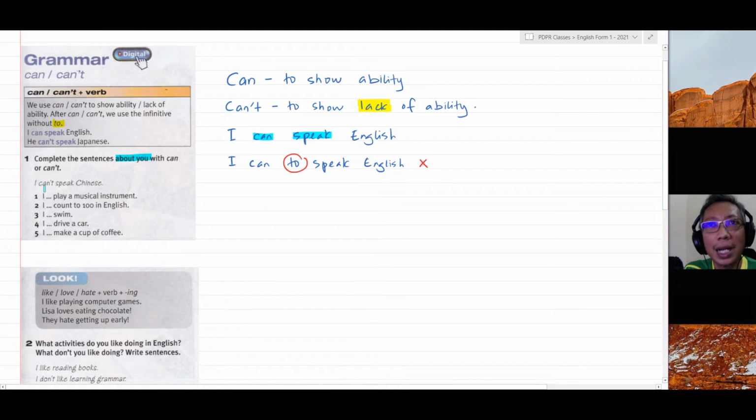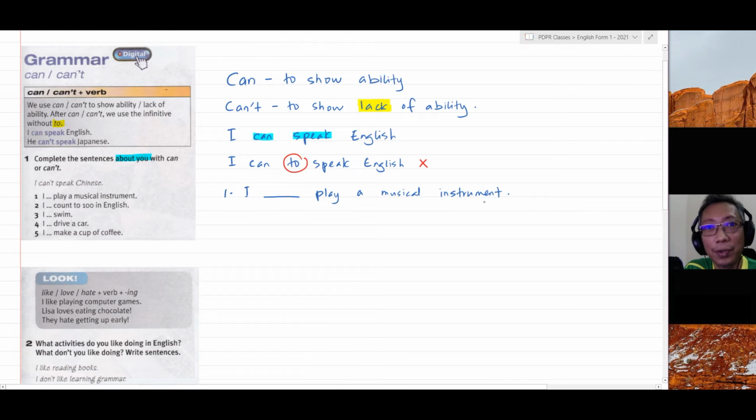Example here given, I can't speak Chinese. So let's say for number 1, the sentence is: I, blank space, play a musical instrument.